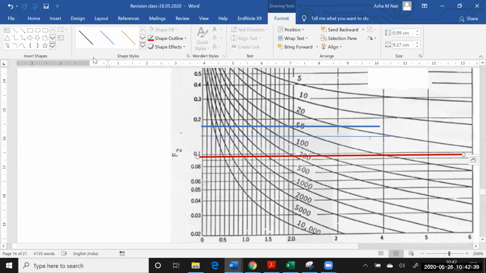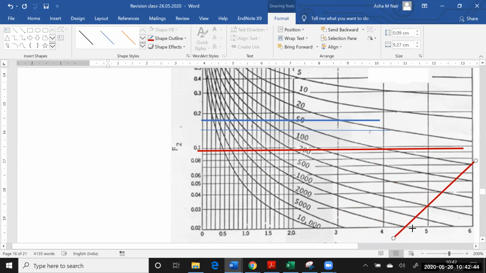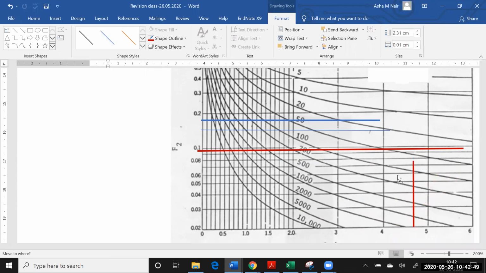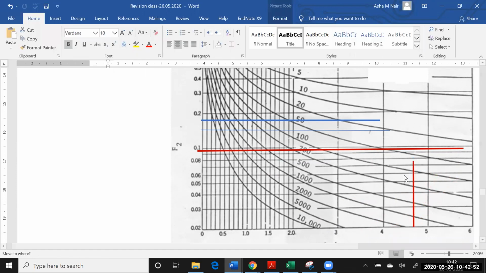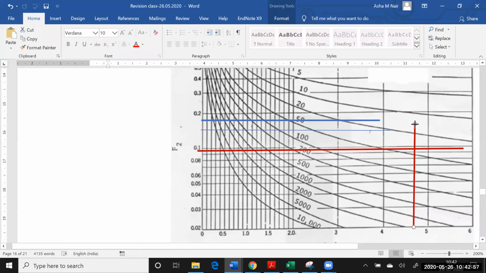So this is 4. This is also somewhere around 48. So you get this value of H by A somewhere around 4.5. I think I have made a mistake here.